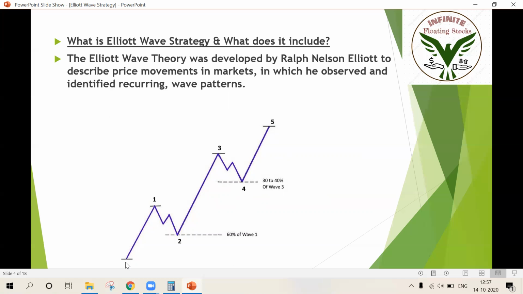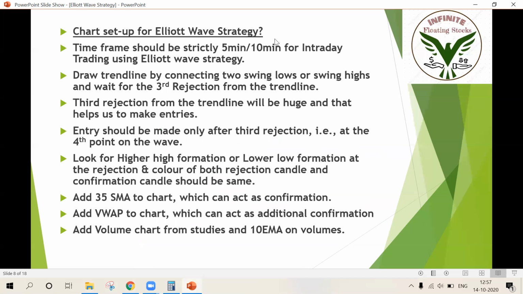So the entry should be made only after the third rejection, that is, at the fourth point on the wave.